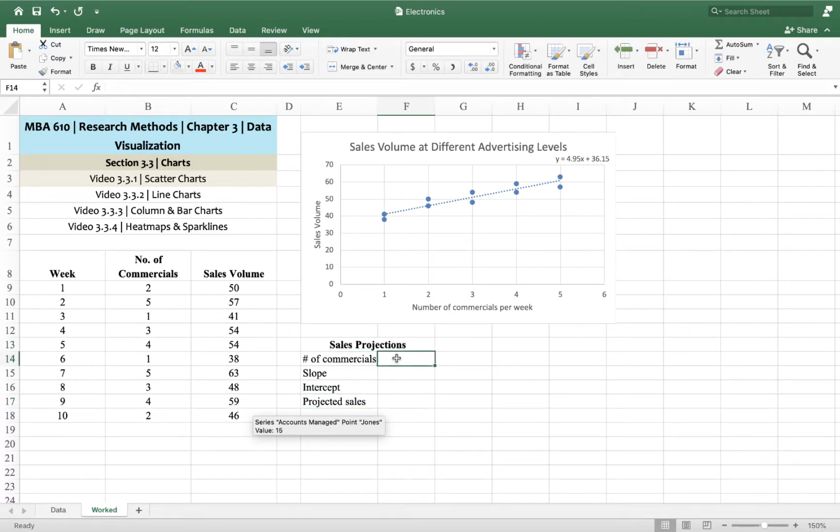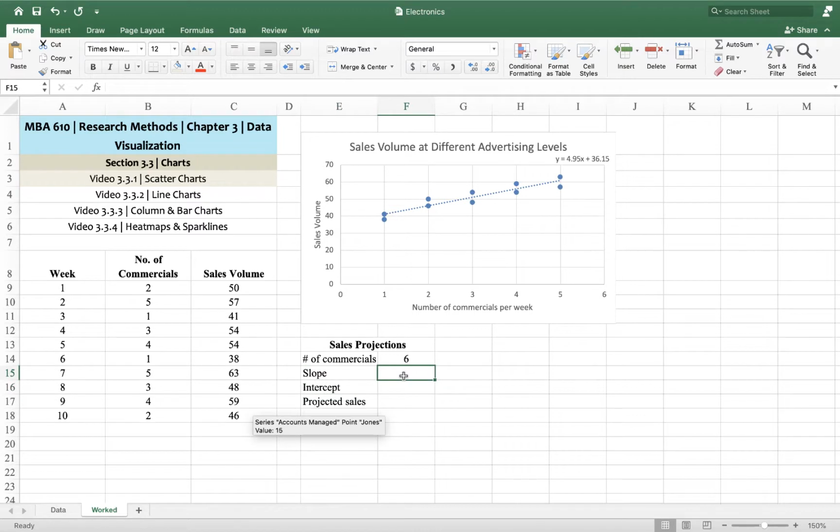So we're projecting how many units we'd sell if we showed 6 commercials. And now we need to enter the slope and the intercept for the line. I'll show you formulas for that later, but in the short term, we can get that information here.